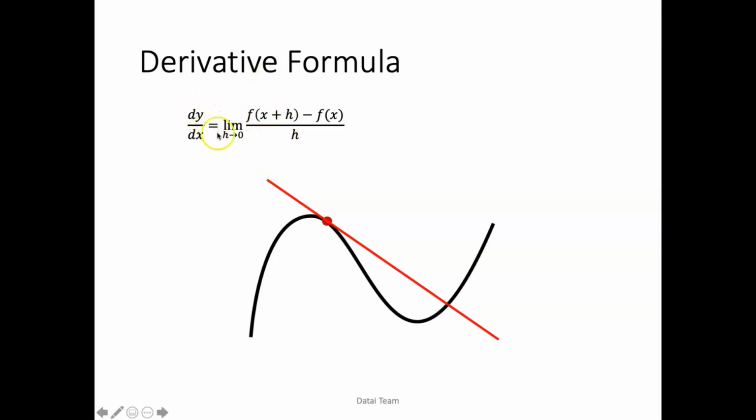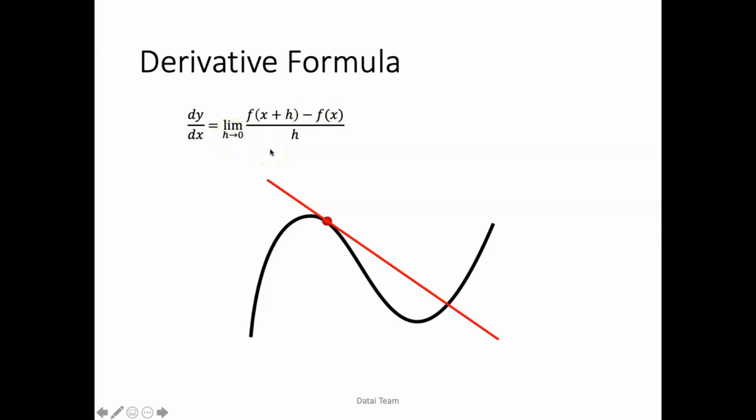We have the limit as h goes to 0. We take f of x plus h minus f of x, over h. As you can see, we have f(x) and negative f(x). Here, this function is shifted by h, and then we subtract the original function from the shifted function and divide it by h as h approaches 0.